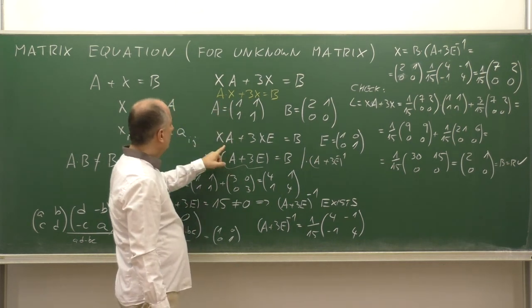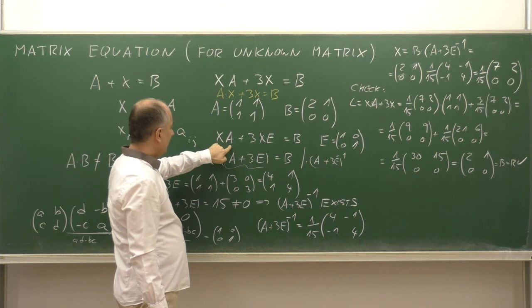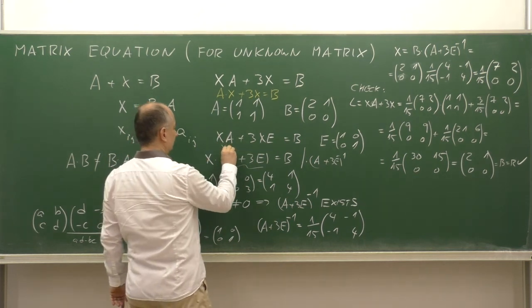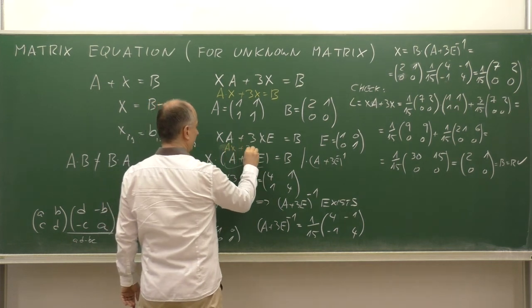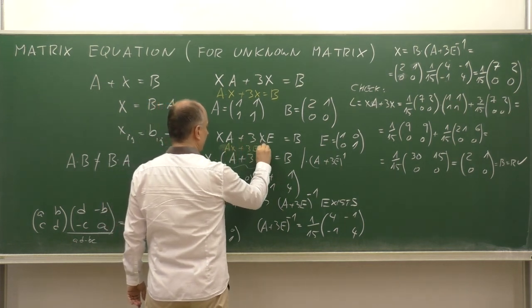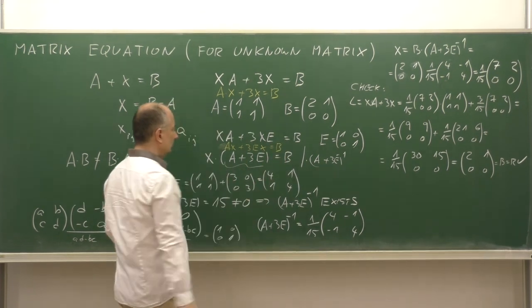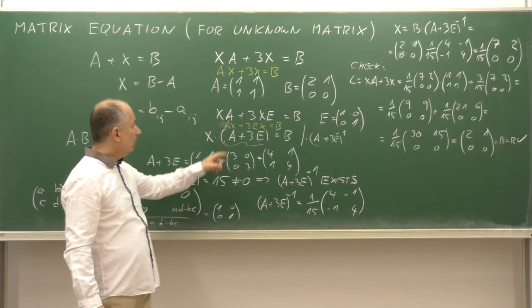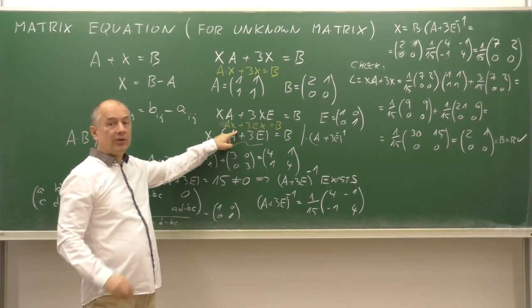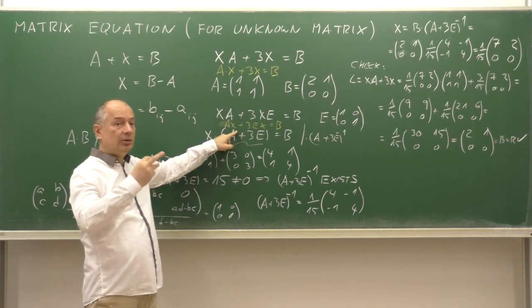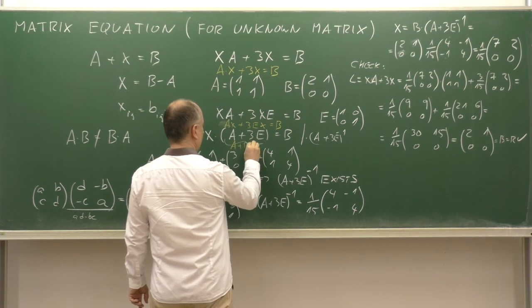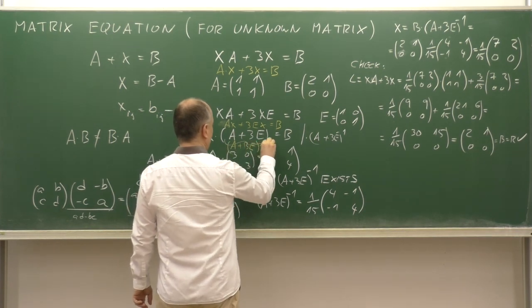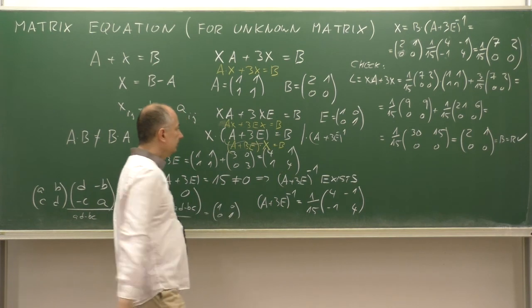And here we have AX plus 3EX. And now we must factor out X not to the left, but rather to the right. And we have A plus 3E times X is B.